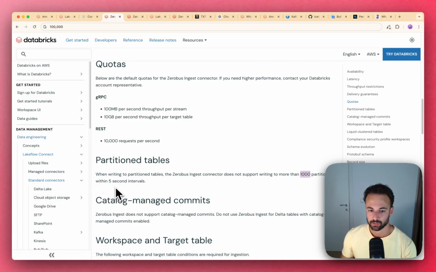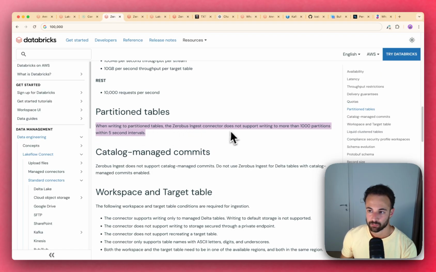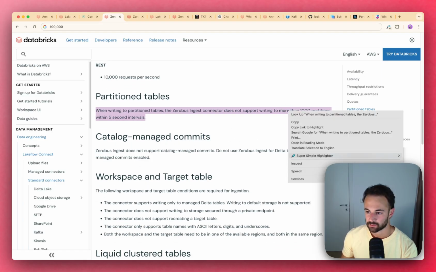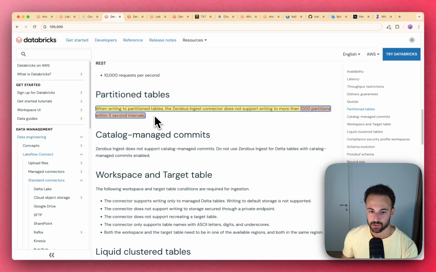That's a lot of partitions, by the way, for a single table. Or is this across tables? This might be across tables, actually, the way it's worded. So that might be a limitation. Someone needs to think more through this if they're going to adopt it. This is probably in aggregate. But then again, maybe it's a limit that can get improved as Zerobus matures.